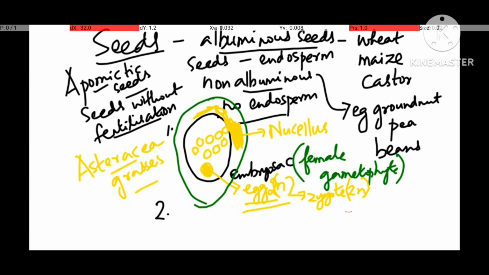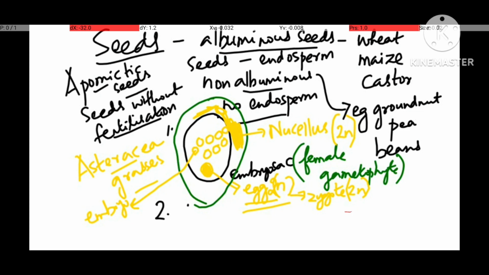And nucellus is already diploid. If they start entering into the embryo sac, then each one will become an embryo. So this is another way how apomictic seeds are produced.